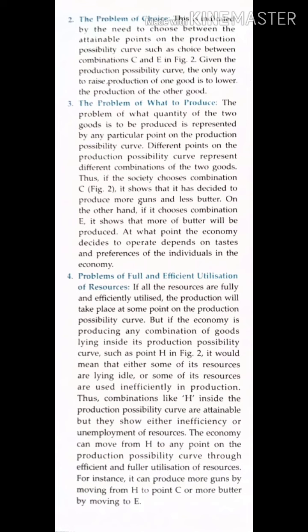But if the economy is producing any combination of goods lying inside its production possibility curve, such as point H, in the last figure which I have shown, it would mean that either some of the resources are underutilized, that means we are not completely utilizing the resources, or idle, or some of its resources are used inefficiently in production. That means it is not properly used in production.